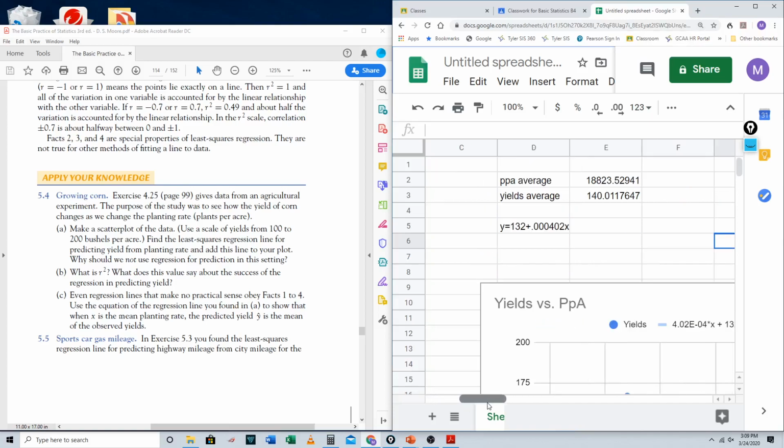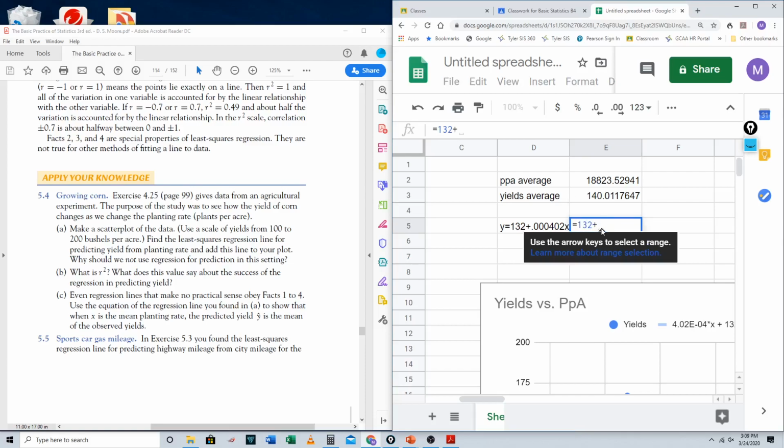Okay, so I'm zoomed in so we can see the whole thing. So yeah, this is really small. They want us to plug this in for x, see if we get that for y. So I'm going to do that here. Equals 132 plus 0.000402 times 18823.53.